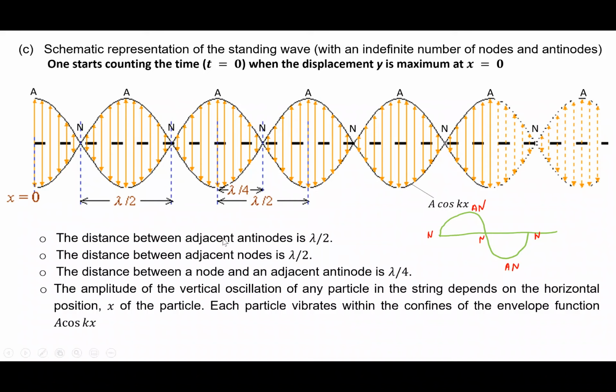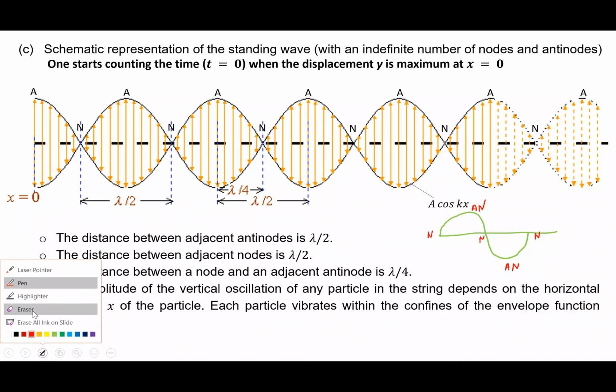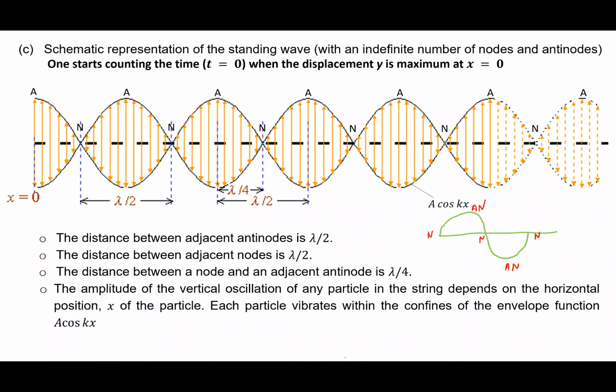Okay, kalau dia kata adjacent antinode, so you tahu ini adalah one complete oscillation untuk wave. So kalau one complete oscillation tu referring kepada jarak lambda. 1 lambda lah kan. So ini adalah 1 lambda.